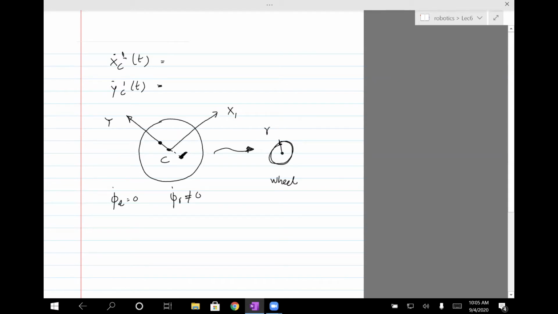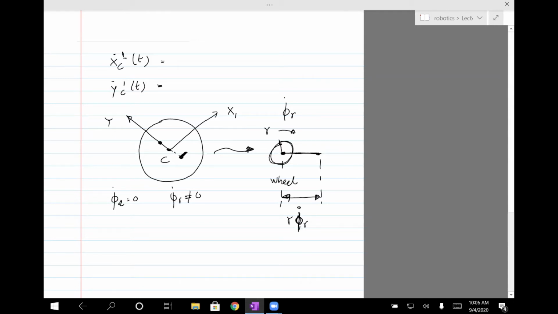Since the wheel has a speed of phi dot r, which is not equal to 0, the distance moved by the center of the wheel is r times phi r dot.